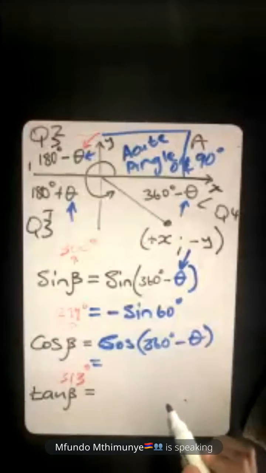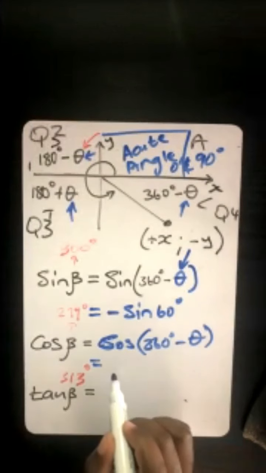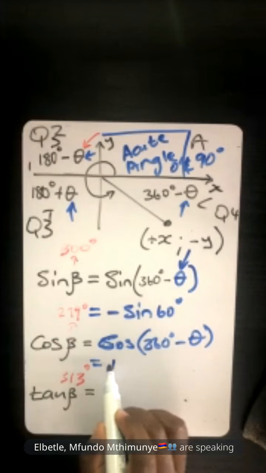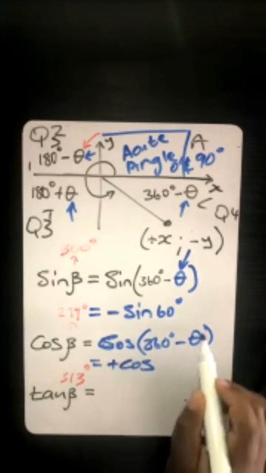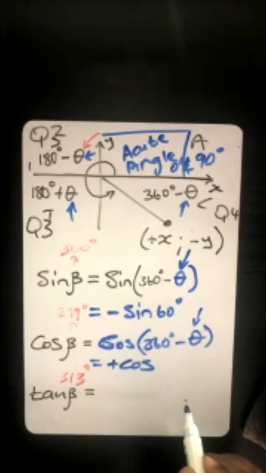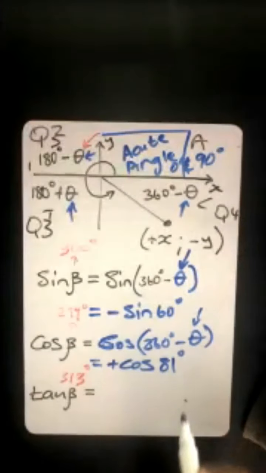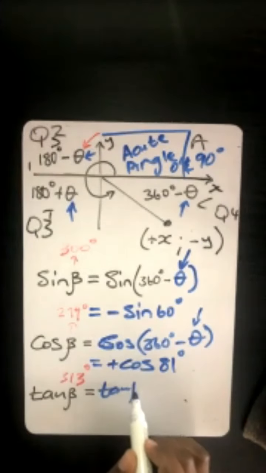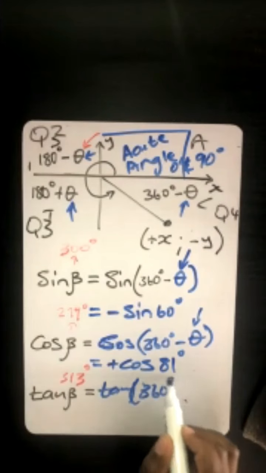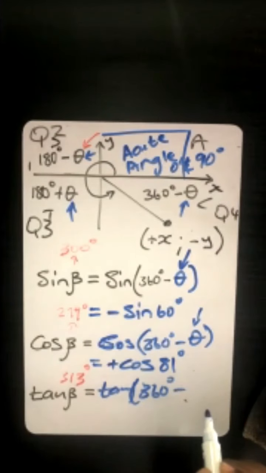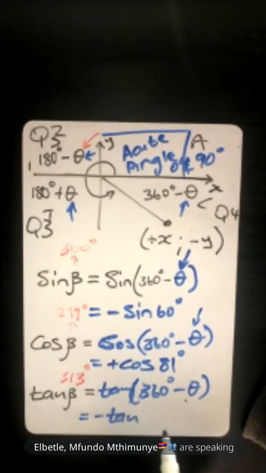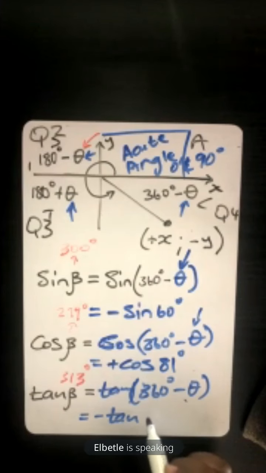Positive cos. It's positive cos. What is that angle? 81. Positive cos 81 degrees. And then in terms of tan, what is it? It's negative tan 47 degrees.